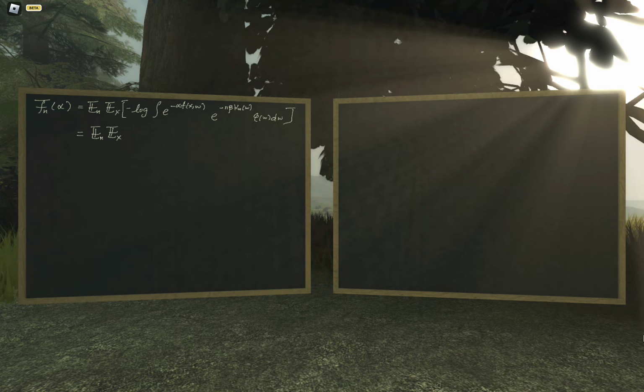So this becomes the posterior average plus... First of all, the second term, the E_X, doesn't matter because the random variable inside doesn't depend on it.